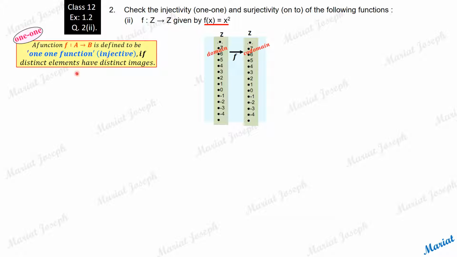This definition can be written like this also. Whenever x1 and x2 are unequal, that should imply that their respective images under this rule f should also be unequal. Or, in other words, in case the images happen to be equal, then the pre-images should also be equal.